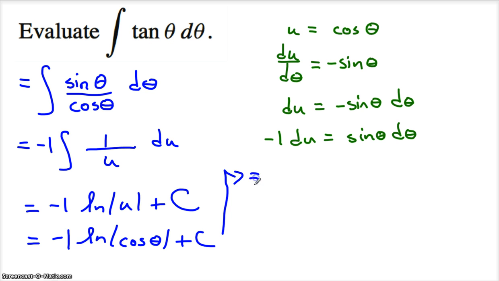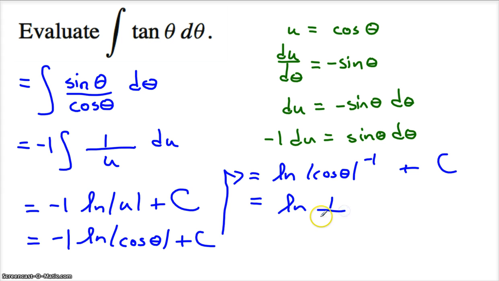Let's just use a property of logs. This negative 1, I'm going to write up here. So this becomes ln of cos theta to the negative 1. And then a negative exponent applied here, I'm going to write as 1 over cos theta, plus c.